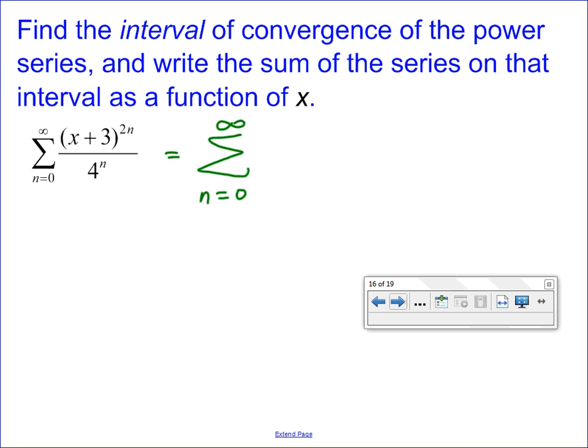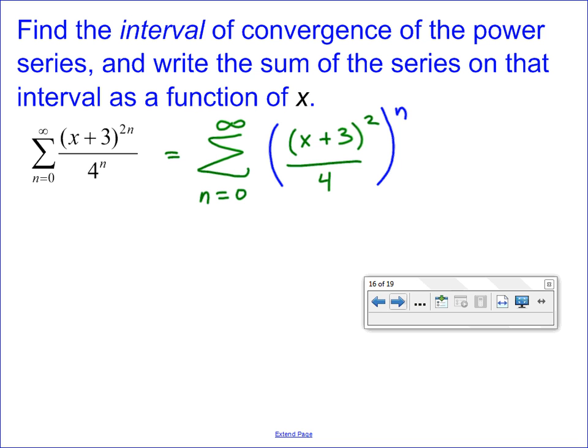How about the sum from 0 to infinity of x plus 3 squared over 4, to the n?